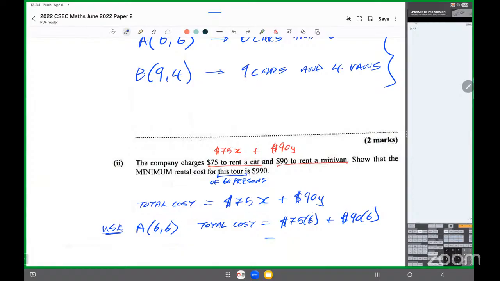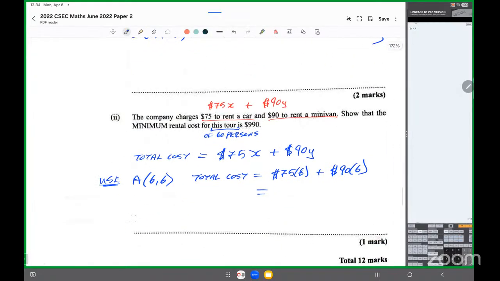And if you're using B, which was 9 cars and 4 vans, then the total cost would be $75 times 9 plus $90 times 4, where 4 is the number of vans. Record that one and see which one is lower. I'm going to say the 990 is the lower one.